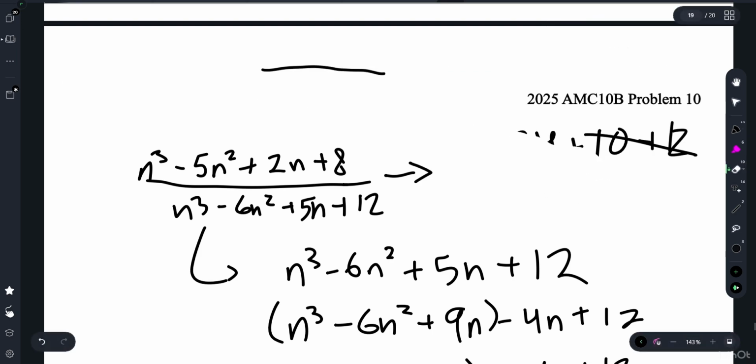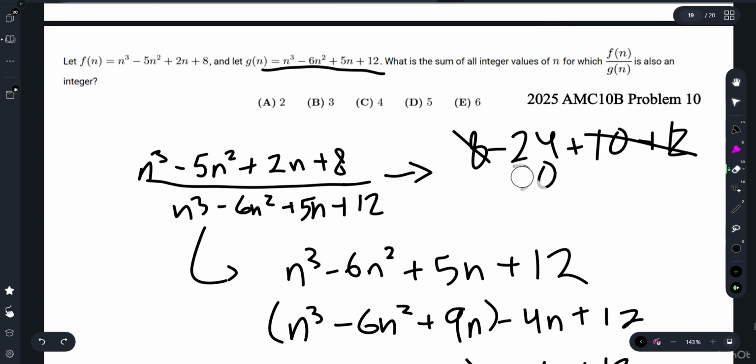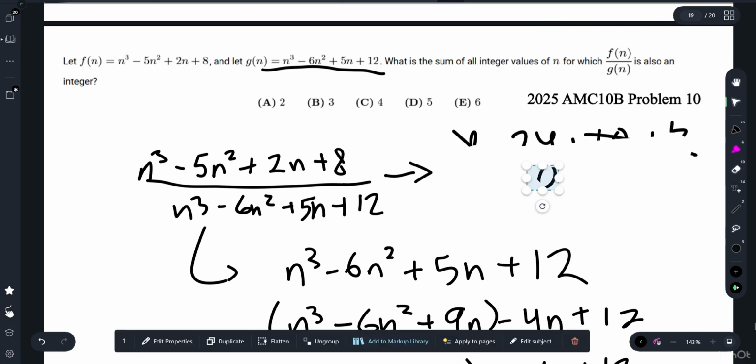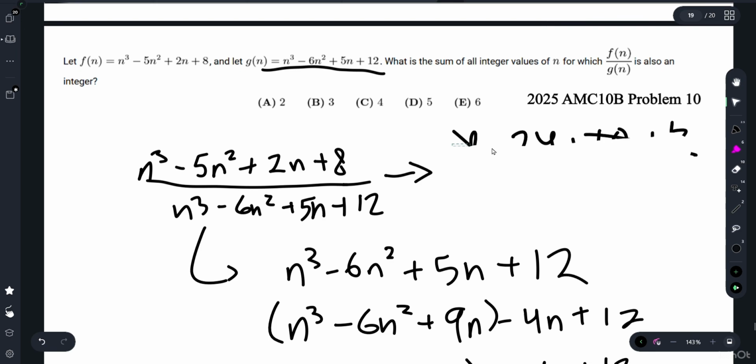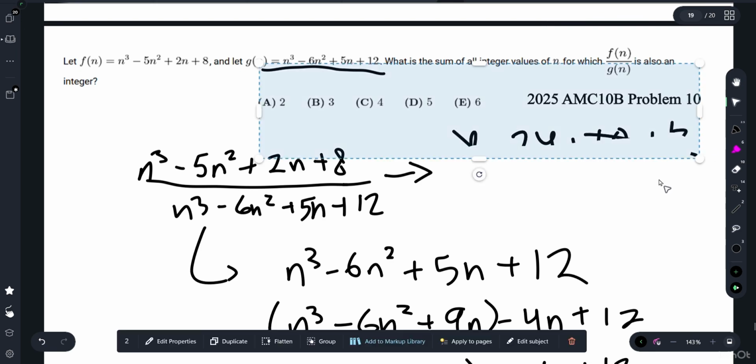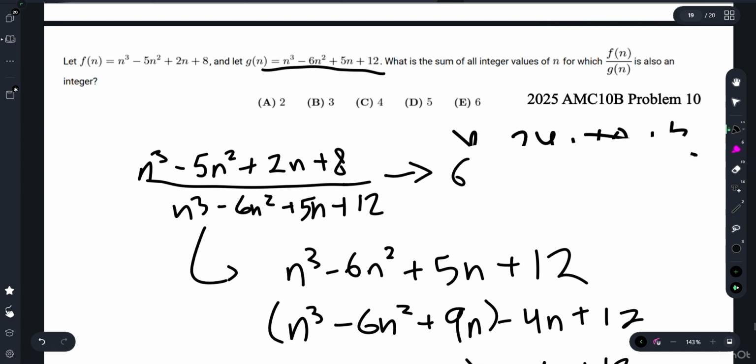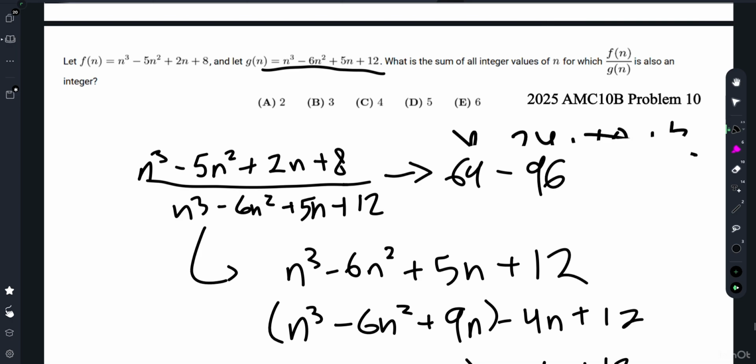But now let's plug in n is equal to 4 into this. Well, if we take a look here, 4 cubed would be 64. 4 squared is 16. 16 times 6 is 96, plus 4 times 5, which is 20, plus 12. 20 plus 12 is 32. 64 plus 32 is 96.